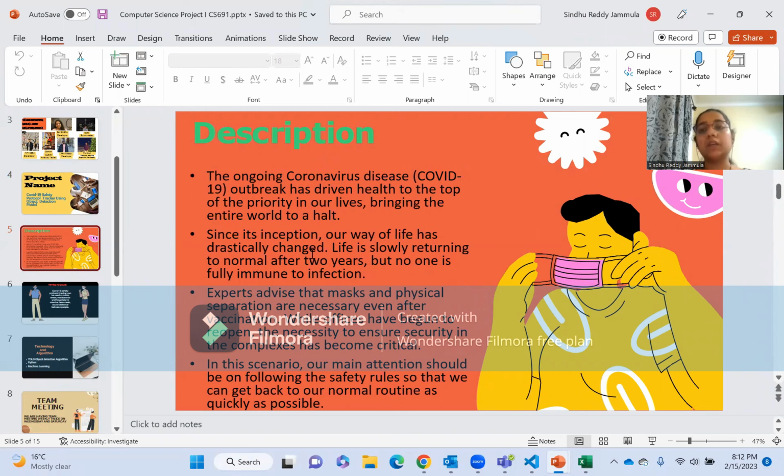Now everything is becoming normal and offices are beginning to open and everybody is coming out, but as per the experts' advice, even though individuals are fully vaccinated, we cannot say they are fully immune to the disease.